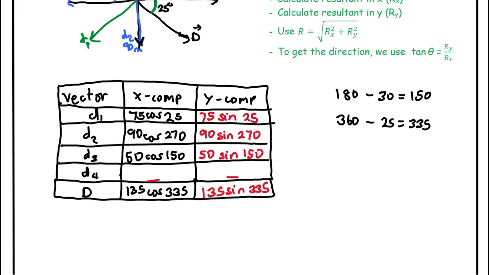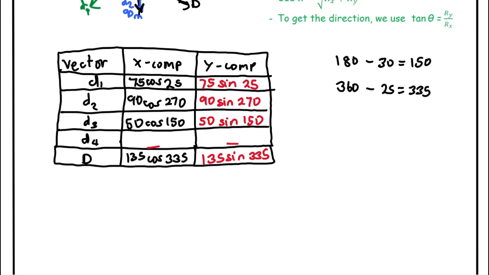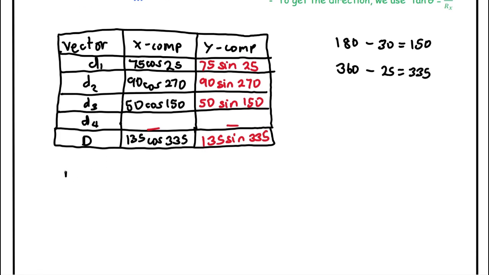Next, the resultant. Now the resultant is gotten by d is equal to d1 plus d2 plus d3 plus d4. Now remember, we have to get the resultant in x first, then the resultant in y. So this will be d1x, d2x, d3x, and d4x.